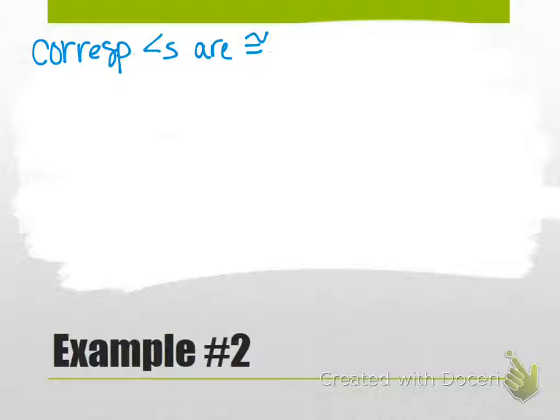We checked that. The harder part to check is that corresponding sides are proportional. So kind of like we were doing before in that last problem, we've got to match up the corresponding sides and make sure that they are proportional to each other. Okay, so again, let's go with the longest side.